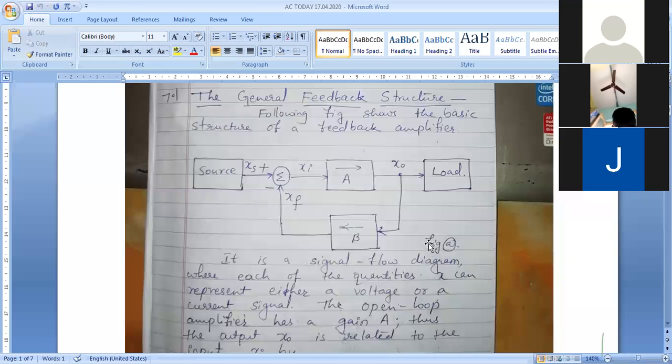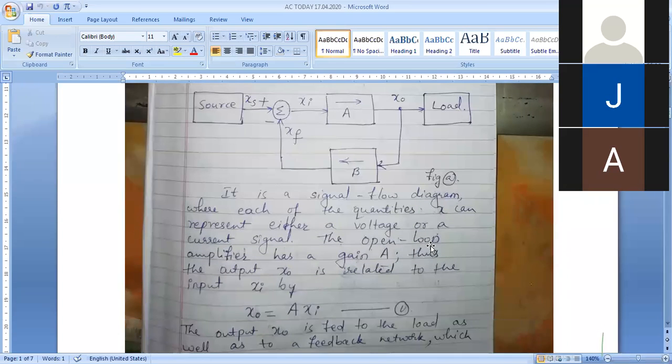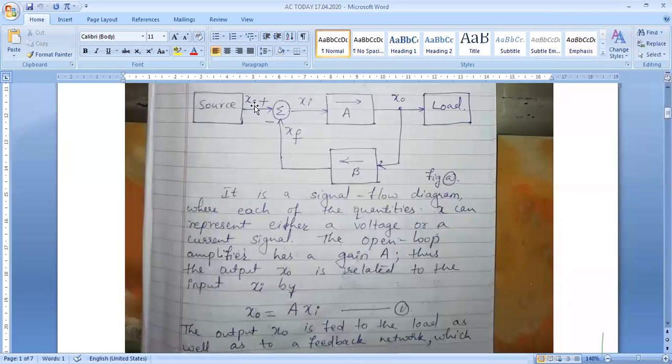Now let us understand different parameters. The open loop gain is A, correct? The gain with feedback is known as AF, correct? So let us derive an expression for gain with feedback. Now in this diagram we have not mentioned whether this X is current or voltage.